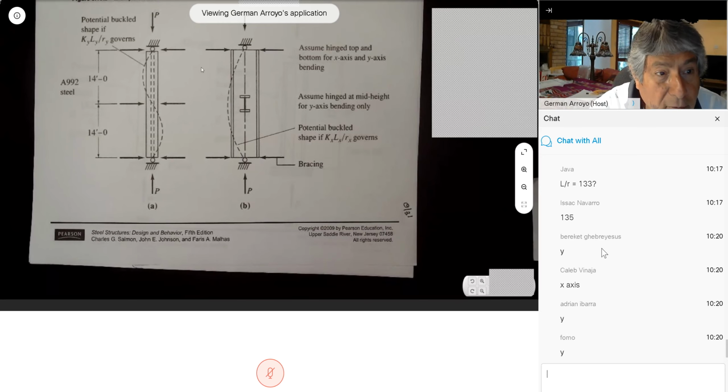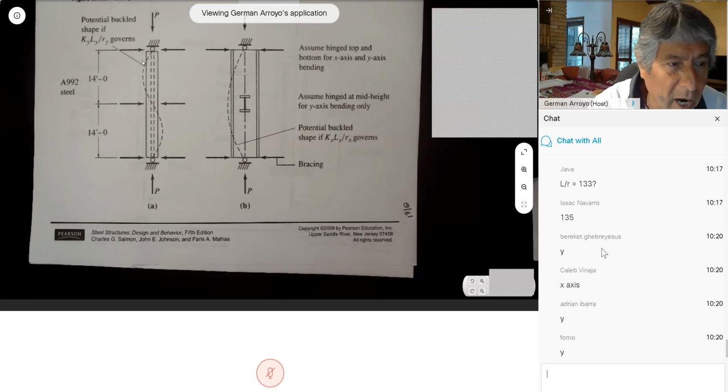So for the weak axis, the KLy is 14. For the strong axis, the KLy is 28. If we do KL over r for 28 and KL over r for 14, this might control.